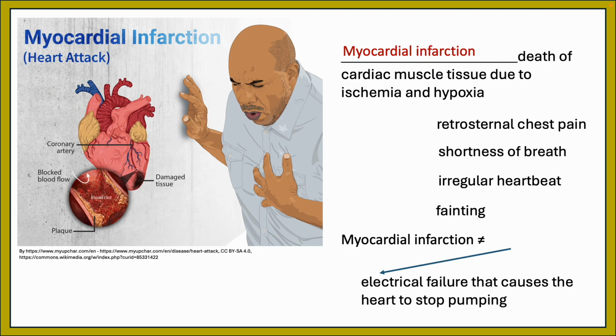The symptoms that are classically associated with it include angina pectoris. This is a retrosternal, meaning beneath the sternum, chest pain. In males, it oftentimes will radiate to the left arm, but does not seem to do that in females.